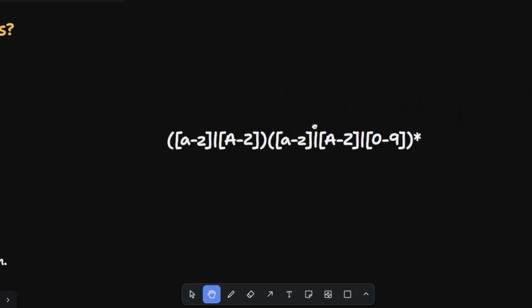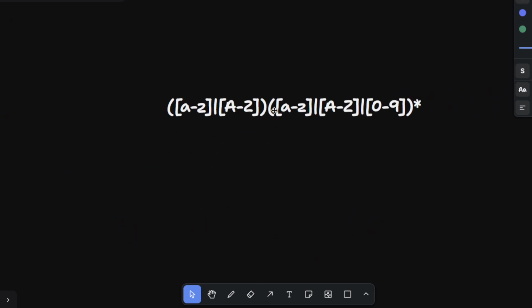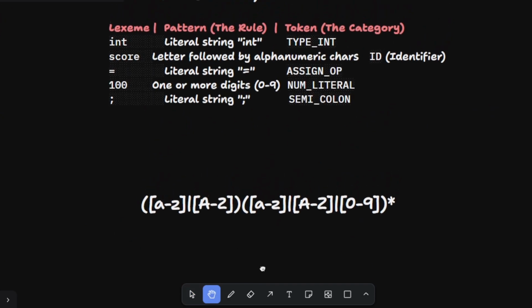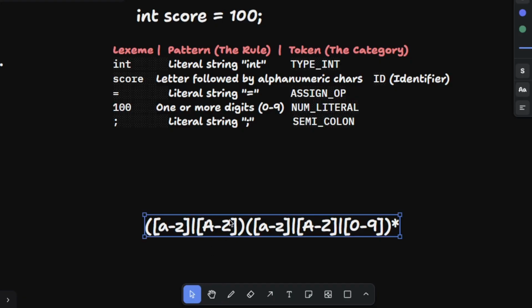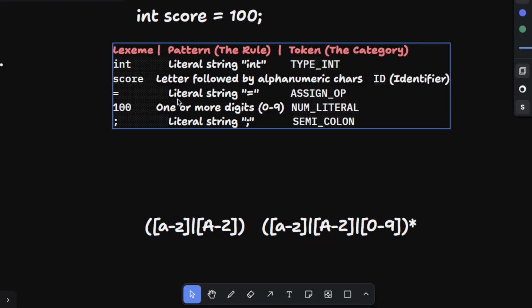So an example of that would be this. You might not be able to immediately tell what this stands for, but this would be the pattern for the word or the variable score, right?